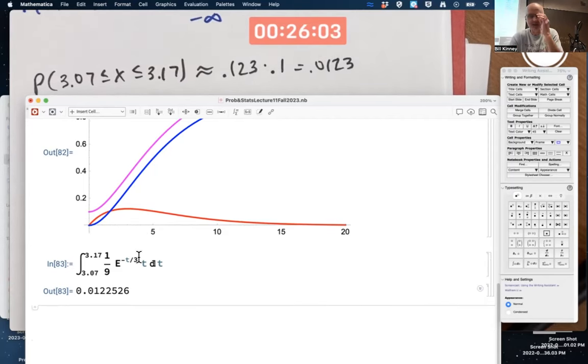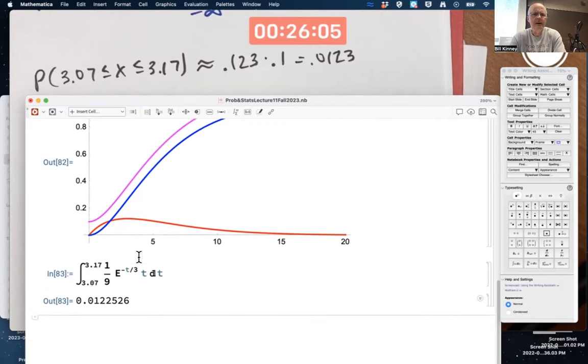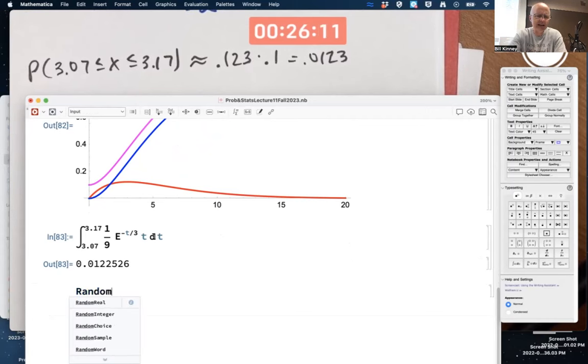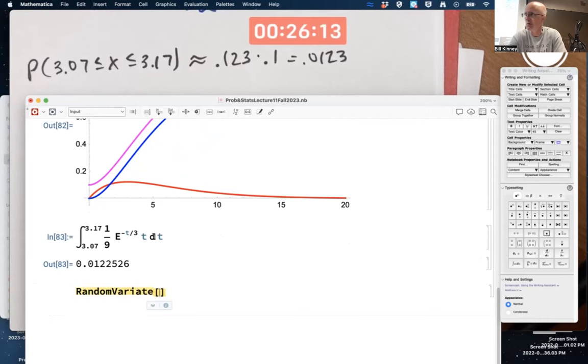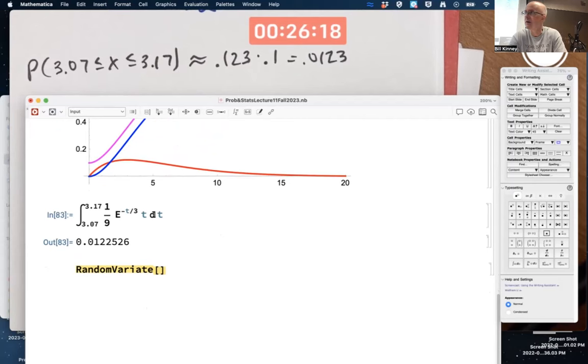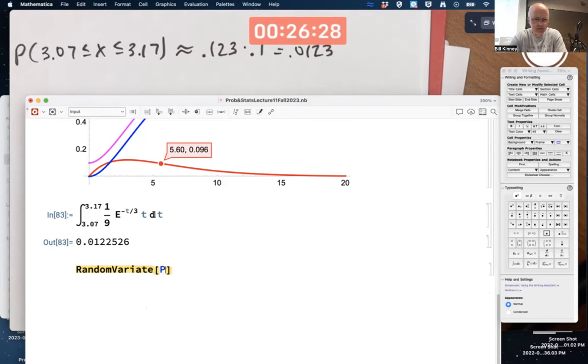Let's do some simulation. I always have to remind myself exactly how to do this. I know RandomVariate is part of what I need to do. That is a fundamental command in Mathematica for doing statistical simulation, simulating from a distribution. Capital R, capital V. I believe ProbabilityDistribution is also part of it, although I might not need that here.